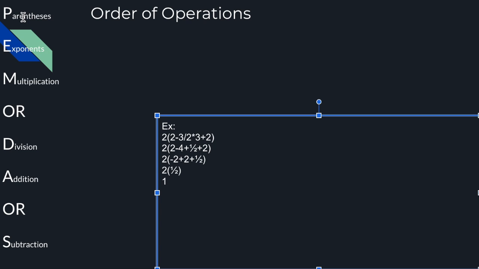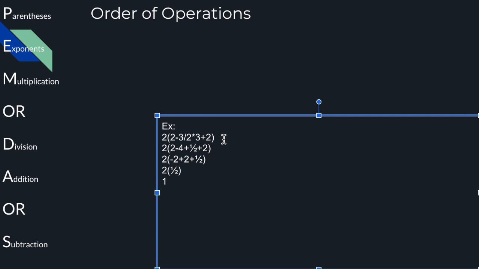Now multiplication or division, which can be done from left to right, whichever comes first in the equation. Addition or subtraction, whichever comes first, but that's after the ones on top. So practically parentheses is number 1, exponents number 2, then multiplication and division share number 3, and addition and subtraction share number 4.